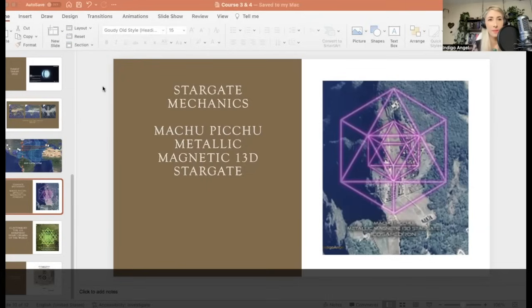So yeah, it usually happens in areas where there is a lot of degradation of the magnetic field.